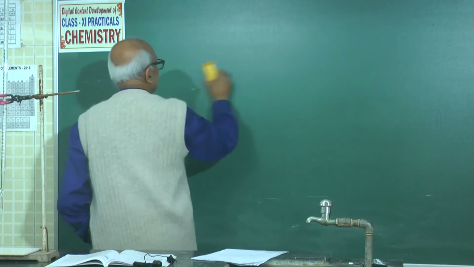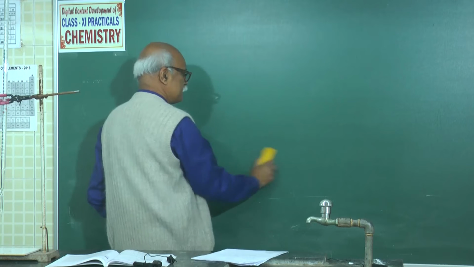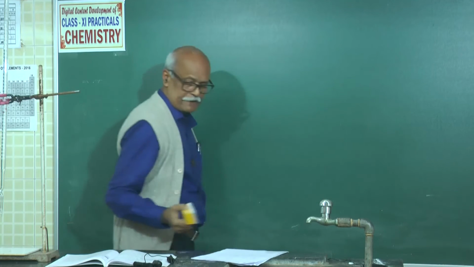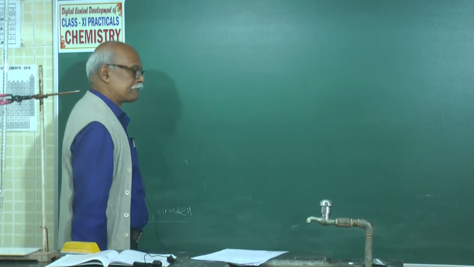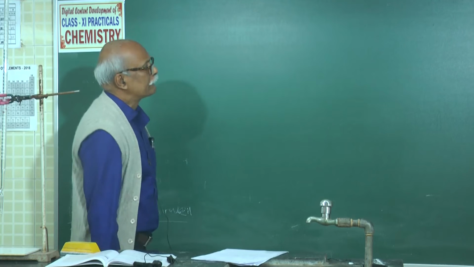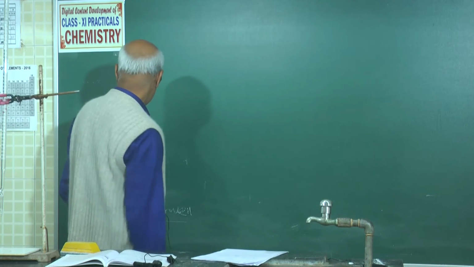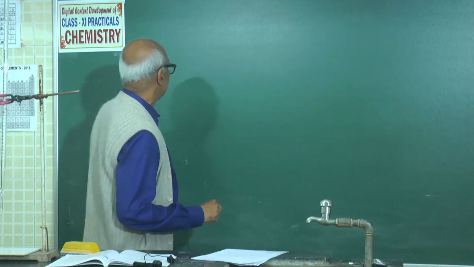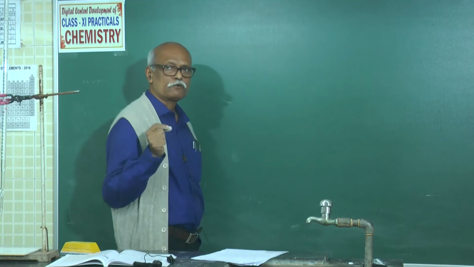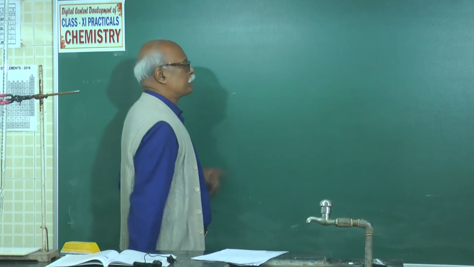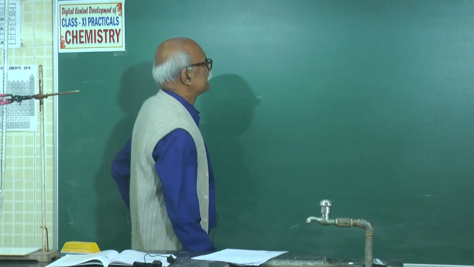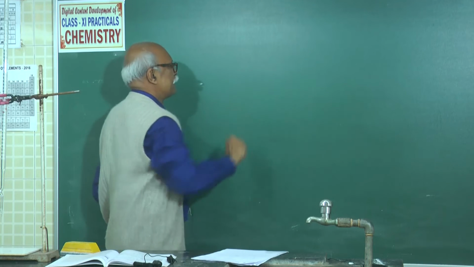Of course, in the examination you will be supplied with the solution, but in the laboratory you have to prepare all these solutions. Specifically, you must prepare oxalic acid because that is the standard solution. You may not believe in others' preparation. So you have to make sure to prepare the standard oxalic acid solution, which is calculated to be N by 10.